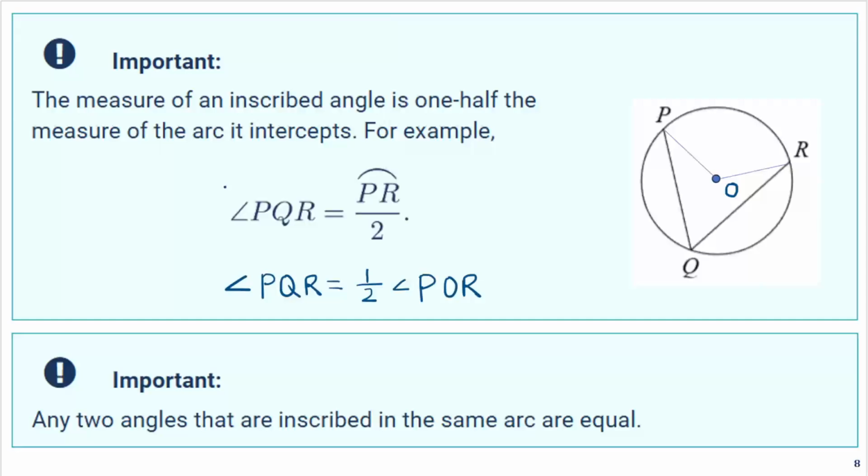For example, if we have a setup here, O is the center of the circle, P, R, Q are points on that circle, we always have angle PQR is half of this angle here, POR, or half of the arc PR.